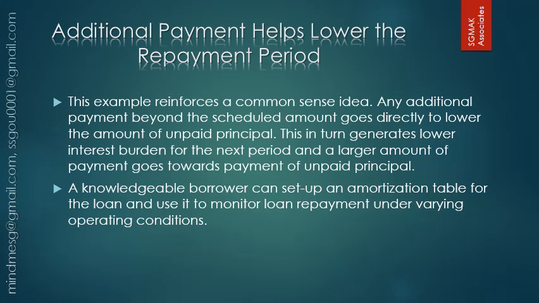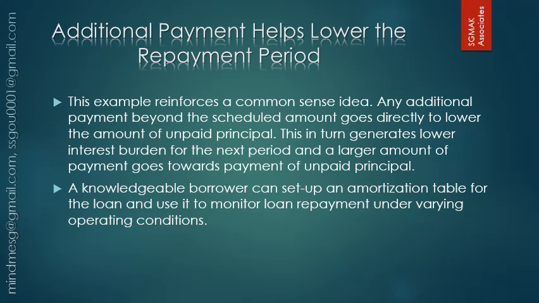So remember, if you look at the amortization table, once you make an annuity payment, first you pay towards the interest accrued over the last period. Then the remaining amount goes towards paying the principal. But what's happening when you put in the additional amount, you are paying additional amount towards the principal.